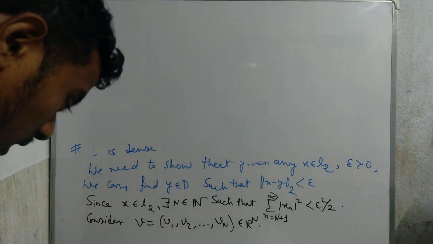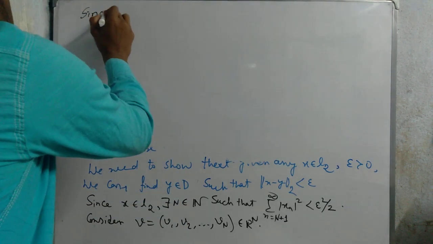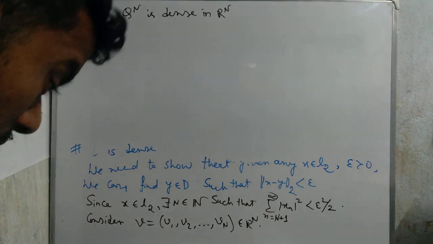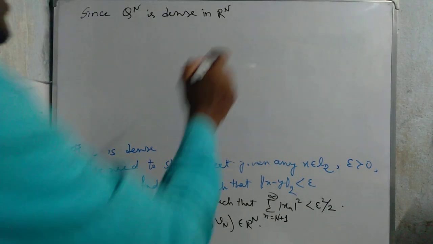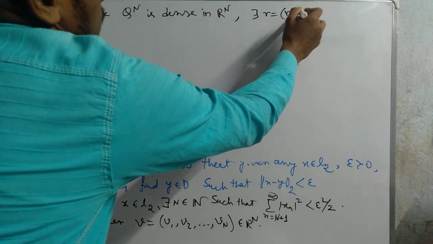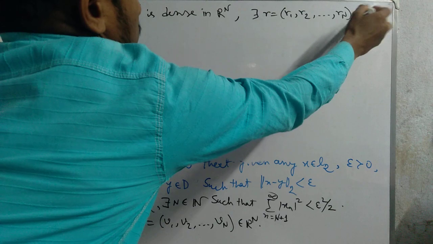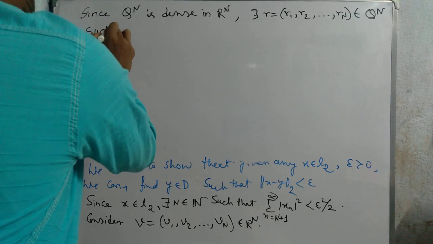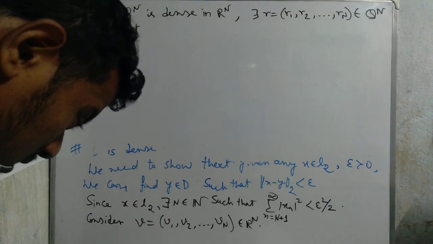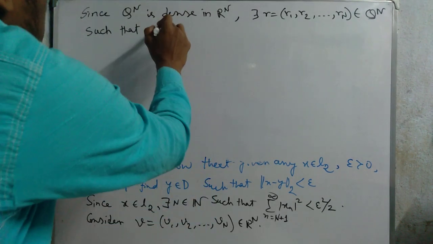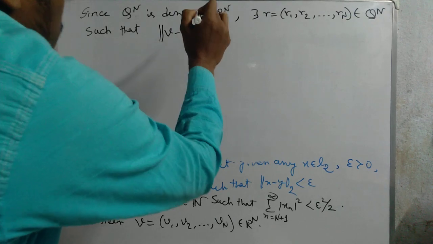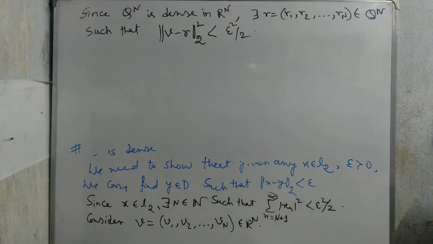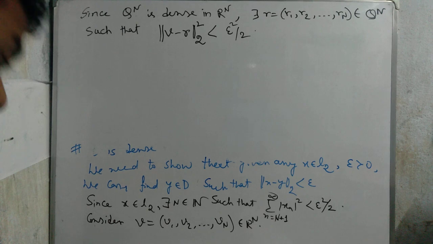Since Qn is dense in Rn, there exists r equal to (r1, r2, ..., rn) belonging to Qn such that the squared norm of v minus r is less than epsilon squared by 2.